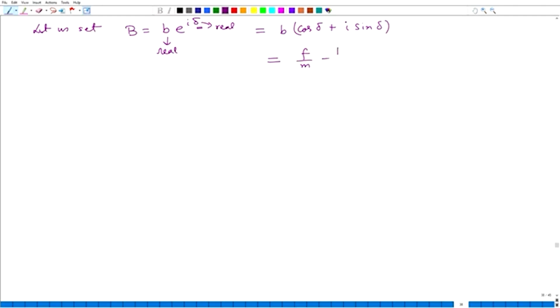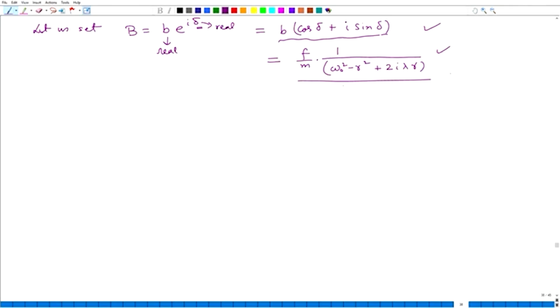This is the whole thing over here, and now I have to actually express this whole thing as A plus iB type of thing, and then I will make this equality with this thing. So, I can try to do that as well.